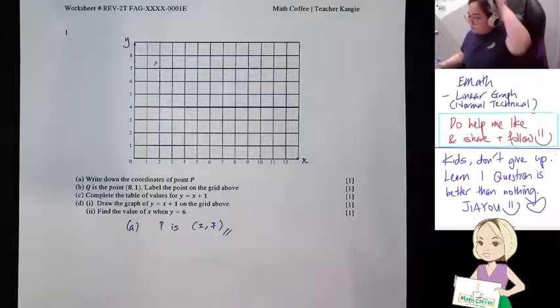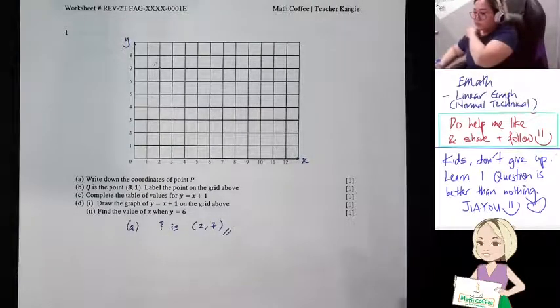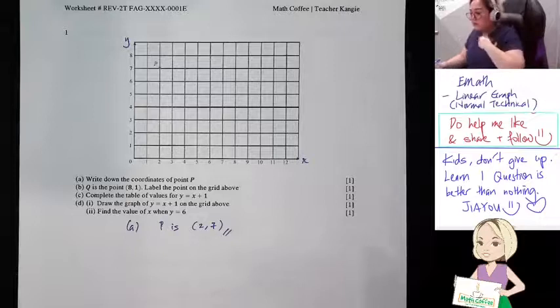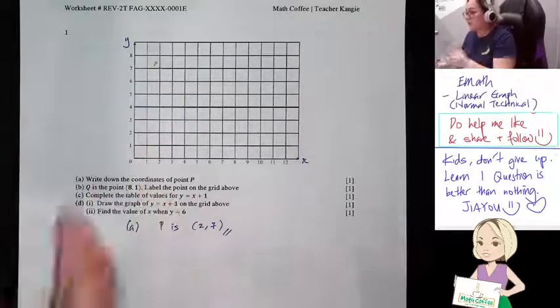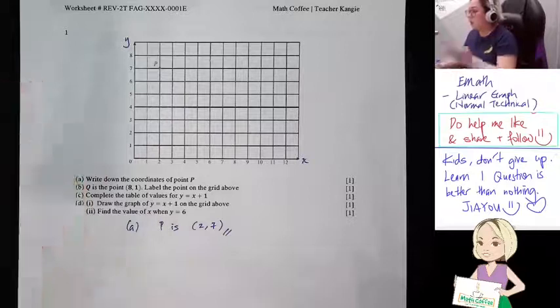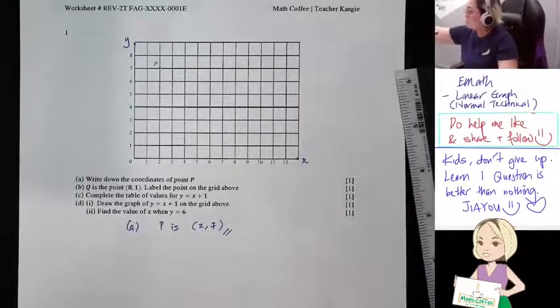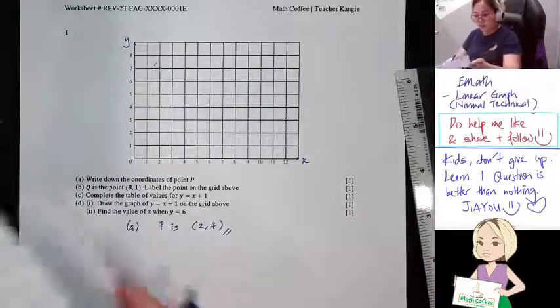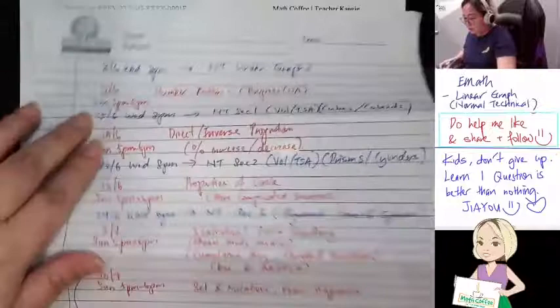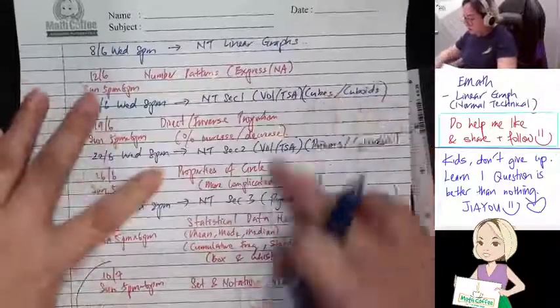My aim was to get a D grade, the minimum. No, should be okay. Try your best. I'm dedicating only Wednesday to normal tech. Last week I did trigonometry, and this week I'm going to do linear graph.